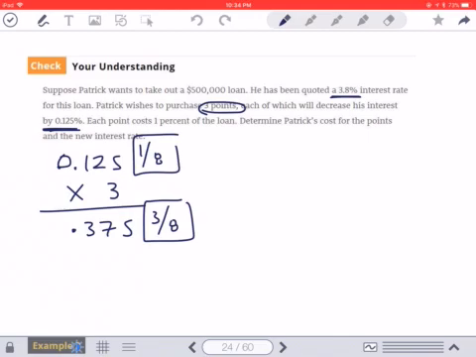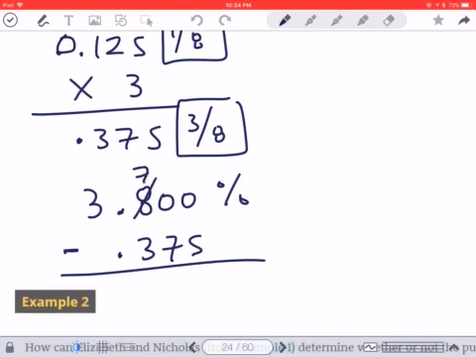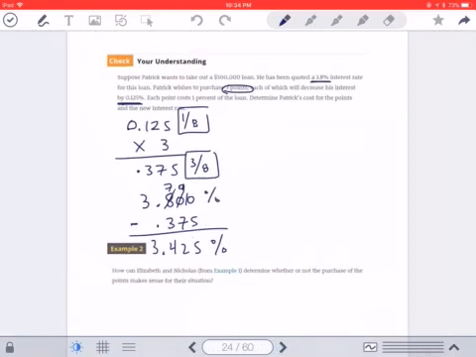And then I'm going to reduce that from my starting amount, which is 3.8%. Let's add a couple zeros in here, so 3.800%. I'm going to subtract 0.375%. And when I do some borrowing here, I'm going to get 3.425%. Okay, so that will be the new interest rate.